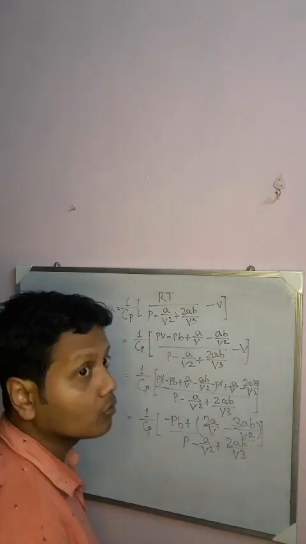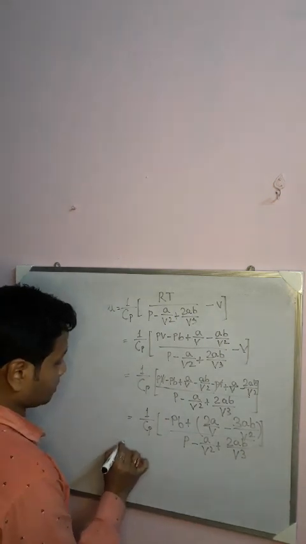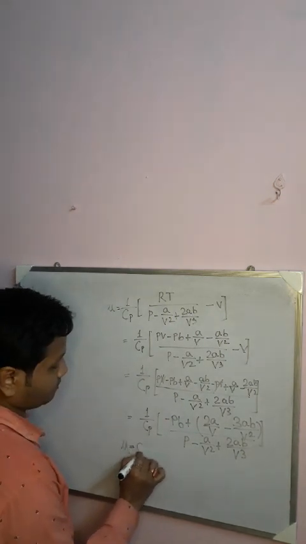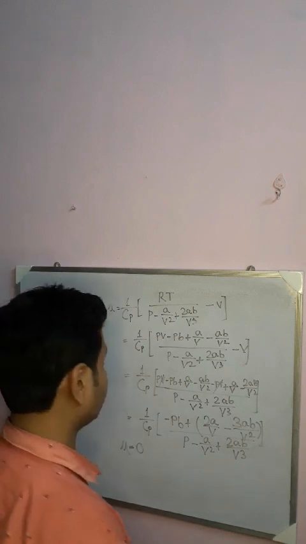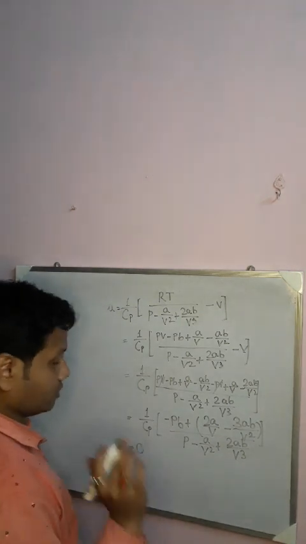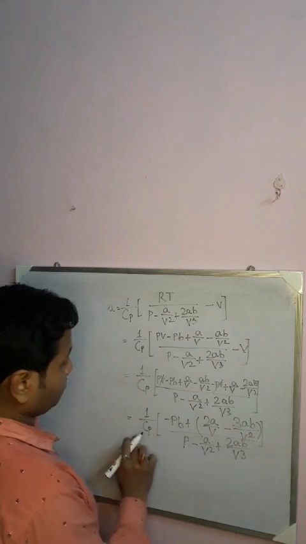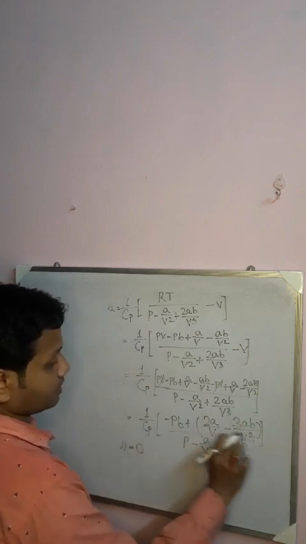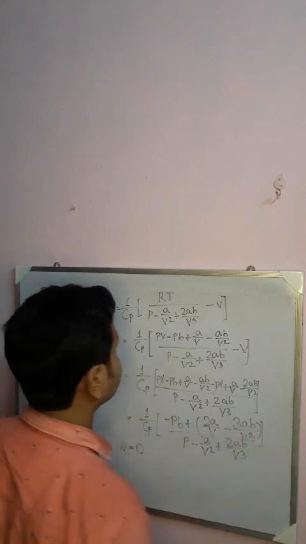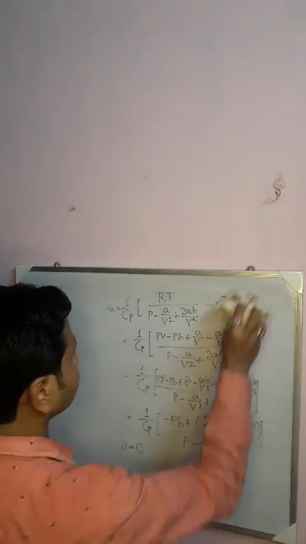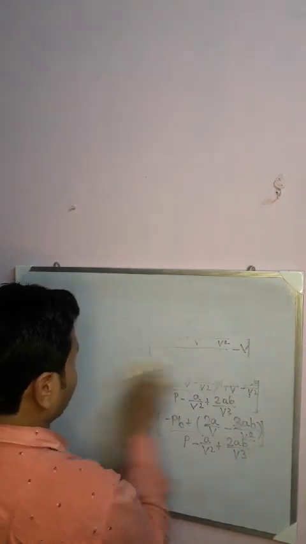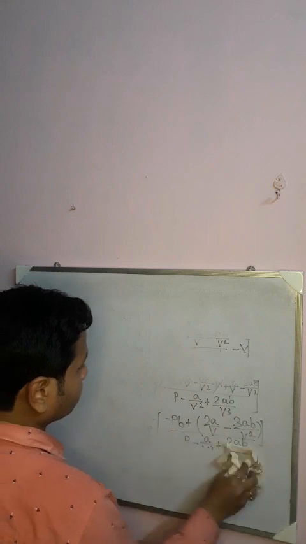Now what will happen in the case of inversion? In case of inversion, mu is 0, as we discussed earlier. So if mu is 0, then the numerator term will be 0.